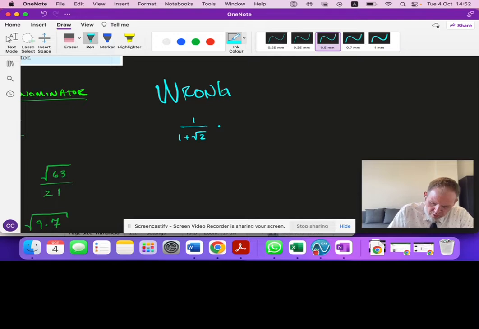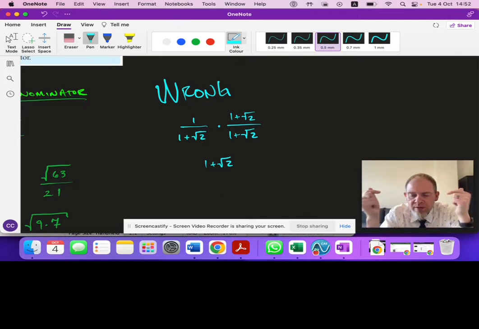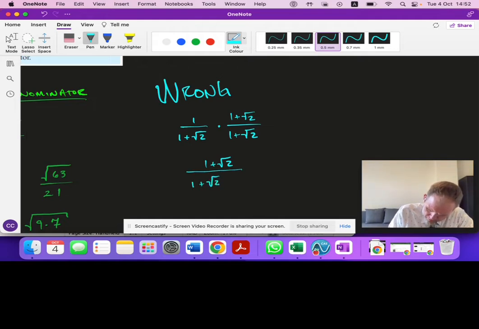This won't work. If I did 1 plus the square root of 2 over 1 plus the square root of 2, my top would become 1 plus the square root of 2, but my bottom, because that's a perfect squares expansion, would turn into 1 plus the square root of 2 plus the square root of 2 plus 2.